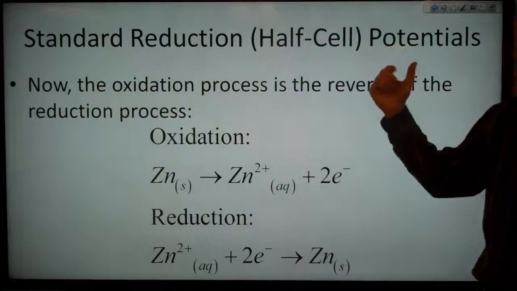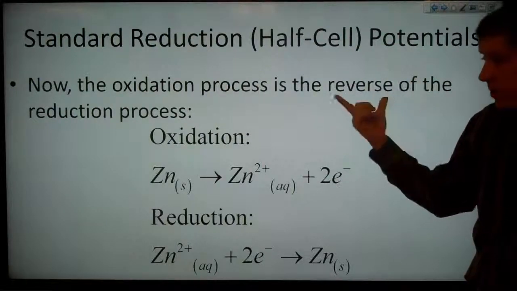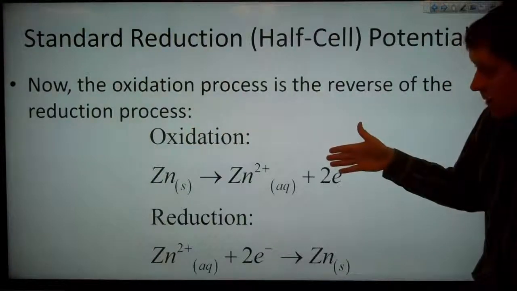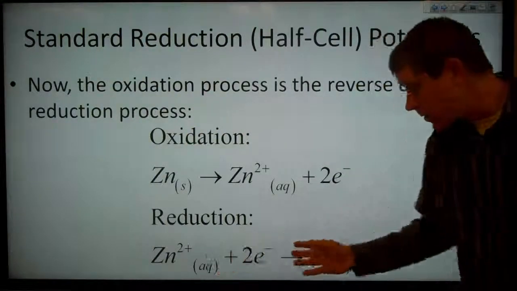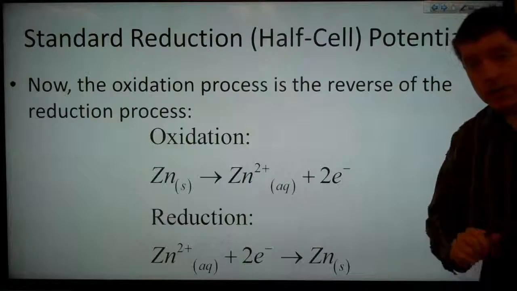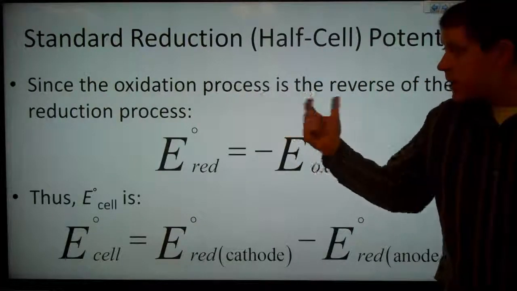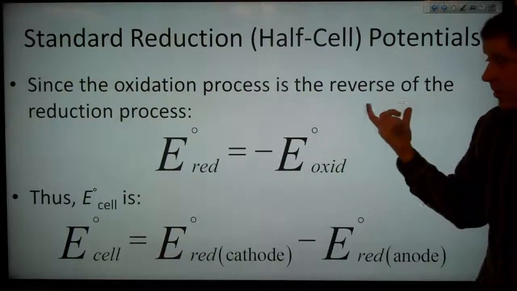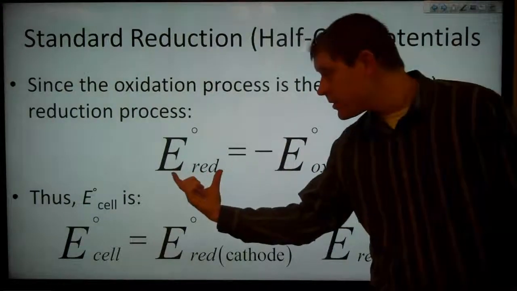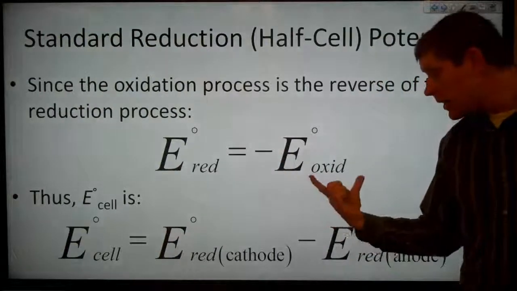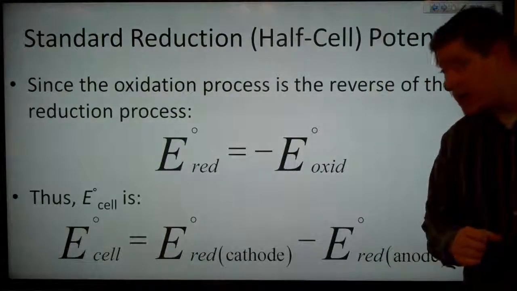All right, so our oxidation process then is the reverse of our reduction process. So if our oxidation looks like this, then our reduction looks like that. So we've just flipped the reaction around. And because the oxidation process is the reverse of our reduction process, then the standard reduction potential is simply the opposite sign of the standard oxidation potential.